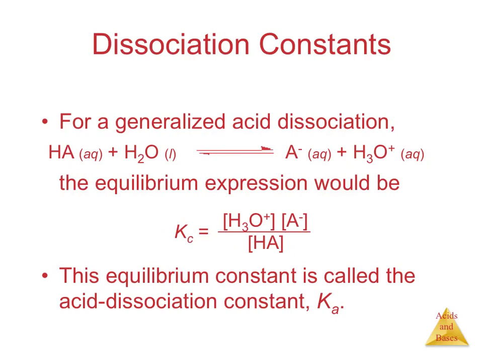If it's not a strong acid, it's going to be in equilibrium for that, and I can write the equilibrium expression, which only includes things that actually have concentrations, things that are aqueous, and not include the liquid H2O in it, and I can write a Kc for that reaction as it's written. And we're going to give this K a special letter designation. We're going to call this the acid dissociation constant, and we're going to call that the Ka.